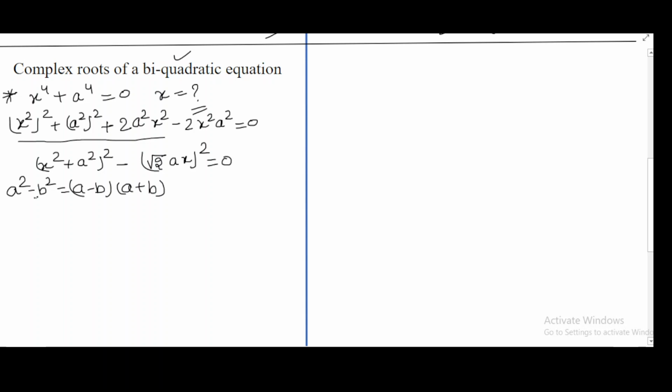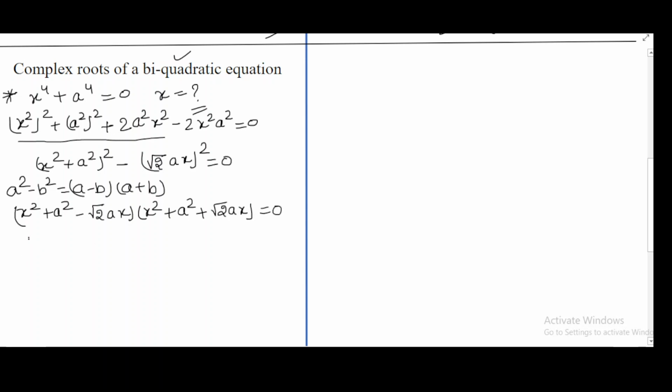Now use that formula in the particular expression. We will have x square plus a square minus root 2 ax, along with x square plus a square plus root 2 ax, equal to 0.